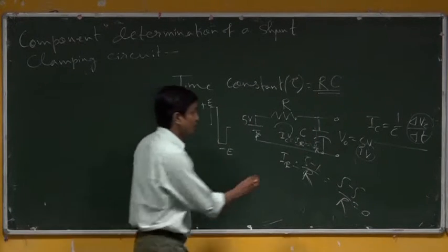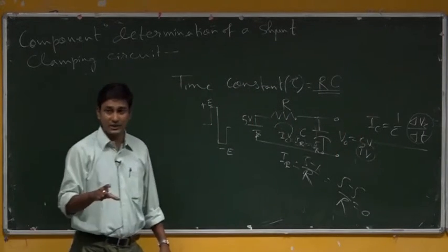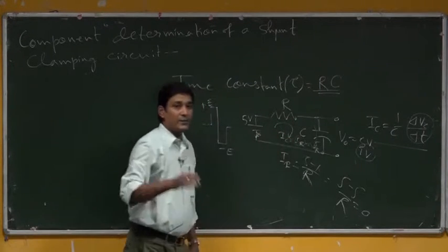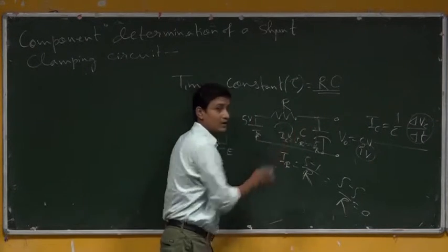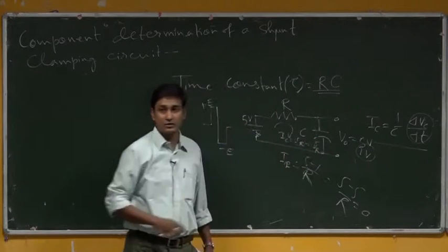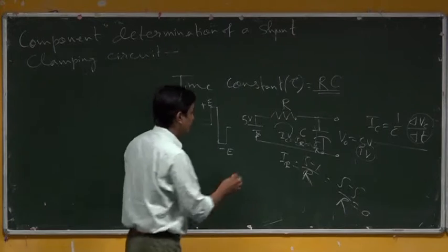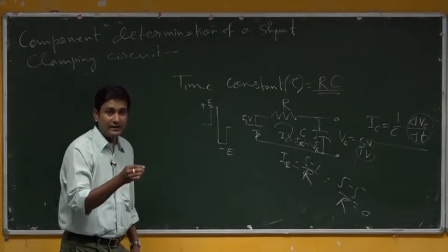When the potential across the capacitor becomes 5 volt, or the capacitor is fully charged with the applied potential, the current in the circuitry becomes 0, because the potential difference between these two parts is 0, but still potential exists across the capacitor.